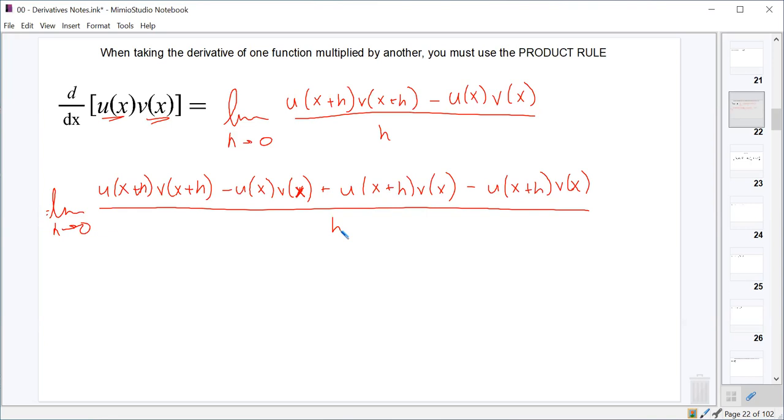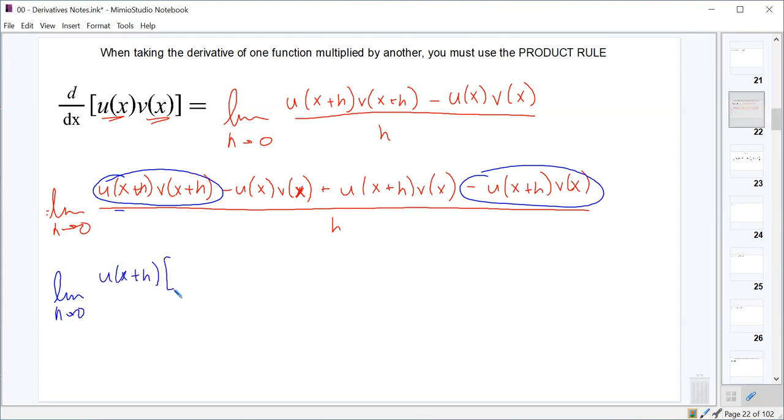Then we're going to group together this first term and this last term, and as we do that, we're going to factor out the u of x plus h. So we have a limit as h approaches 0 of u of x plus h times v of x plus h minus v of x.